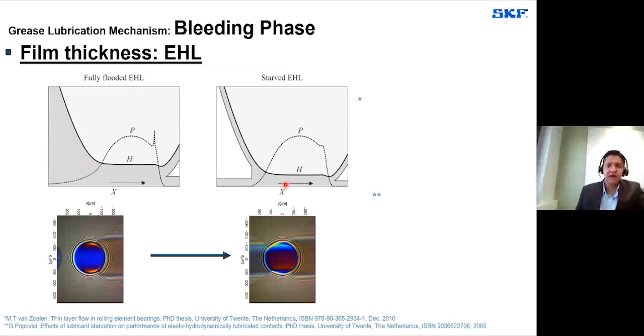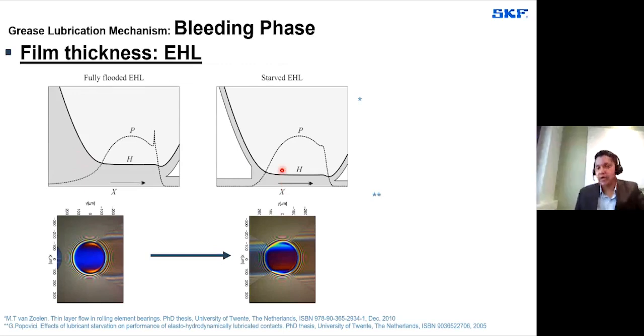So if you continue this process, that means the lack of lubricant supply into the contacts continues, then you are entering into a situation of very low film thickness. So in other words, the phase where lubricant supply into the contacts determines the EHL film regime, that regime we call the starved lubrication regime, and sometimes this is also called parched lubrication.